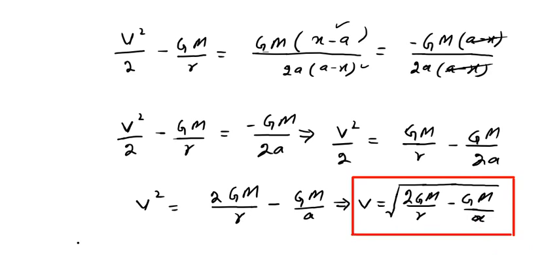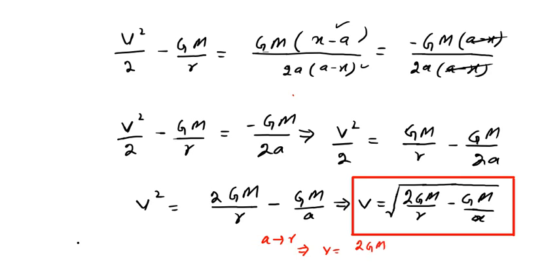Now, if a goes to r, any arbitrary point r, this equation will automatically become the equation for circular orbit.